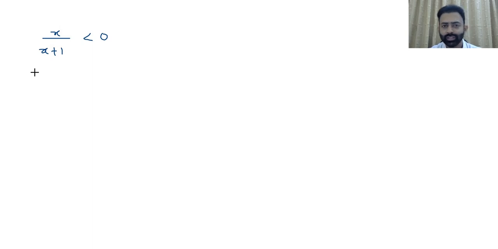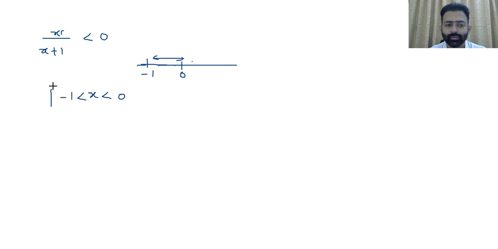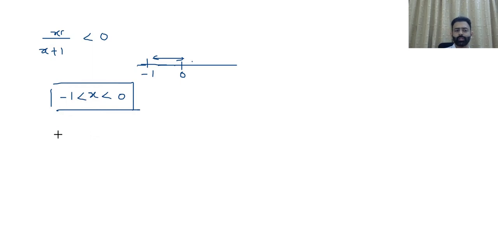So the roots of these two linear equations are, one root is 0 and one root is minus 1. So here is your number line. This is 0 and this is your minus 1. Okay, and less than 0 is between the roots. So the simple solution for this is that x is less than 0 and greater than minus 1, meaning between the roots.